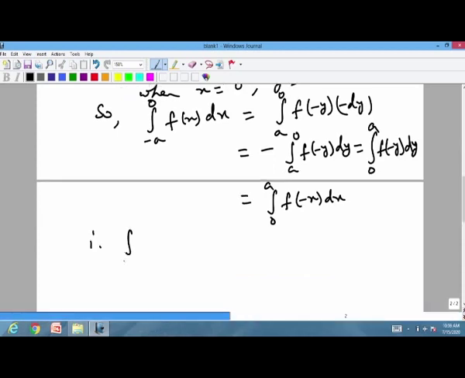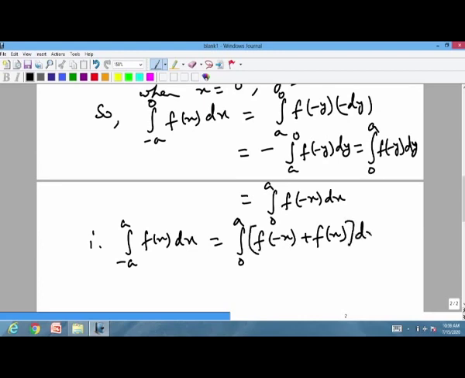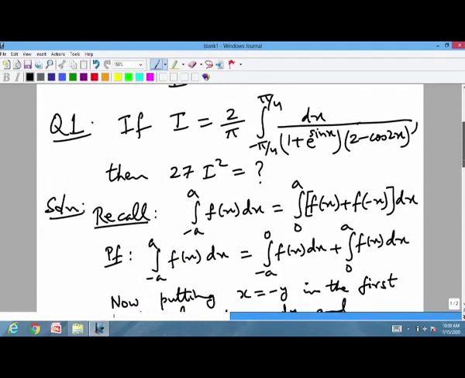Therefore, integral from minus a to a f x dx is equal to integral of 0 to a f of minus x plus f of x dx, which is our formula.